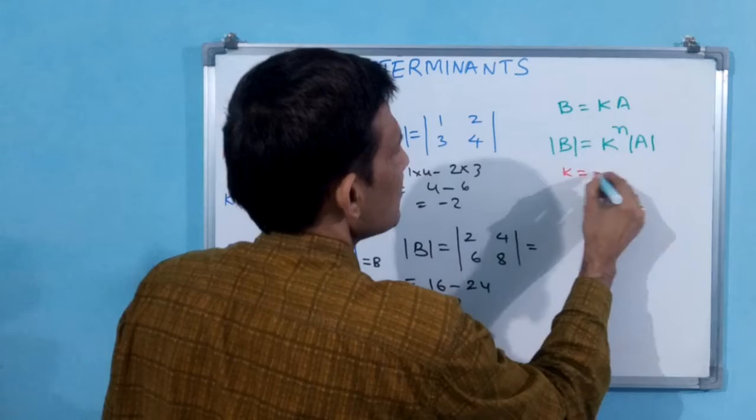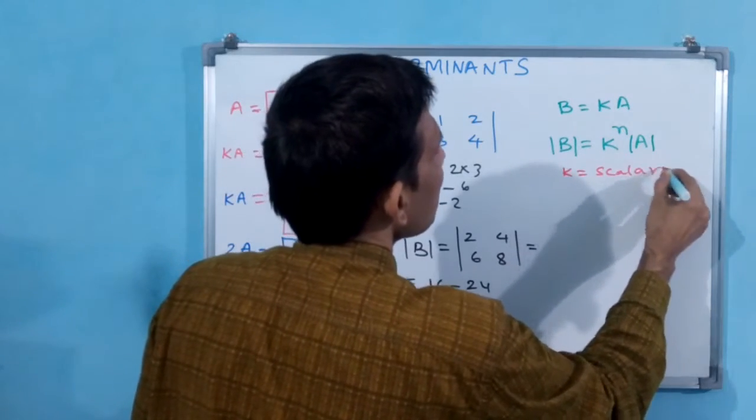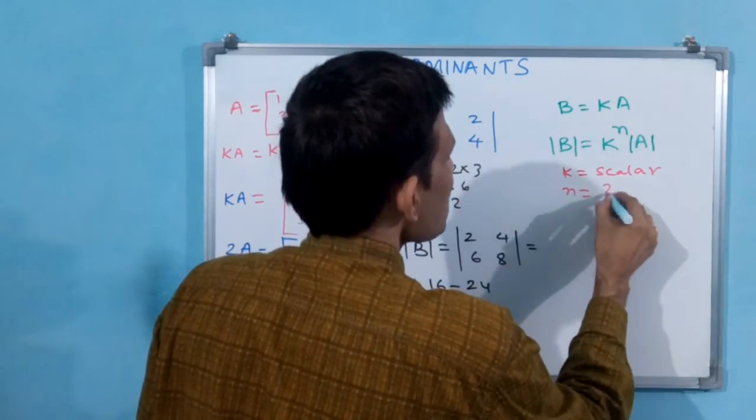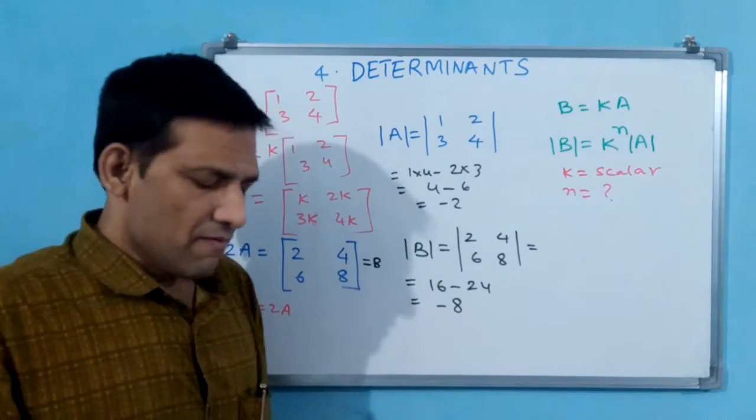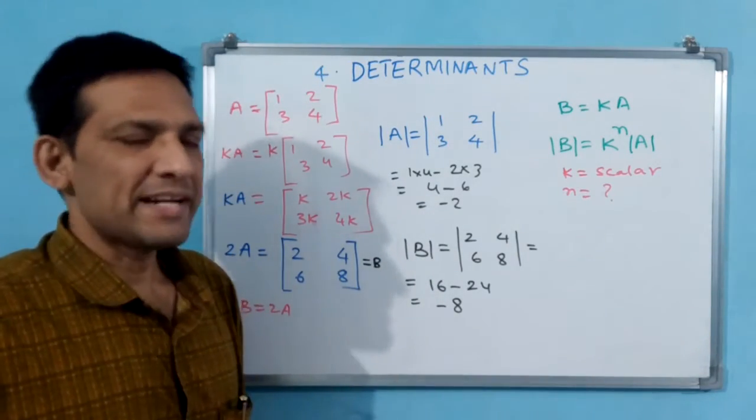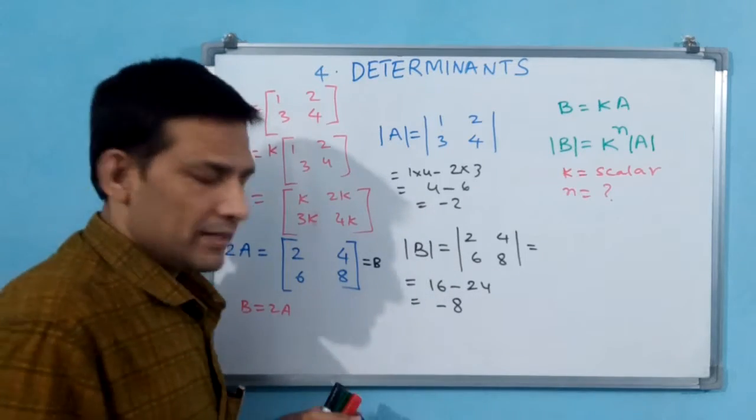K is equal to a scalar. But what about N? We will discuss N also. For a matrix, the order is M by N.